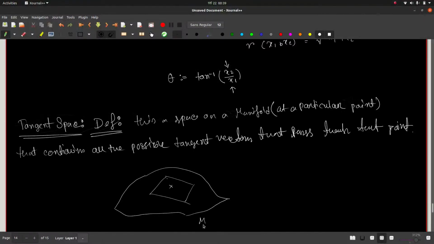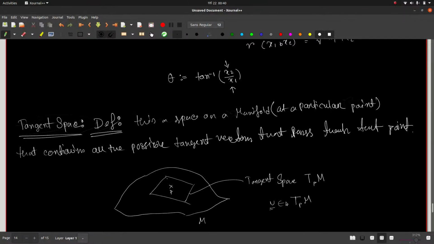And if this is our manifold, which is denoted with capital M, then the tangent space would be denoted as T_P of M. The P is the point, and this tells you that if you have an element, let's say V, that belongs to T_P of M, that means this V or this tangent vector belongs to the tangent space of a point P, and this point itself is residing in the manifold.